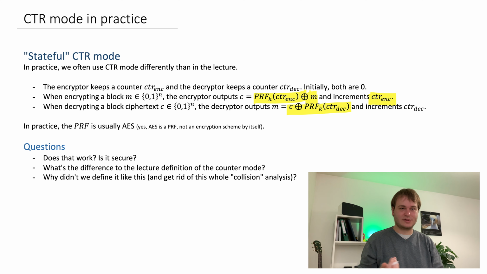And in the stateful counter mode, there's just no way to collide for any of these values, because I just increment them all the time. And unless I'm actually encrypting more than 2 to the n values, I will never encounter the same counter value twice. So, do you have answers for these? I will talk about my thoughts about them in a bit.